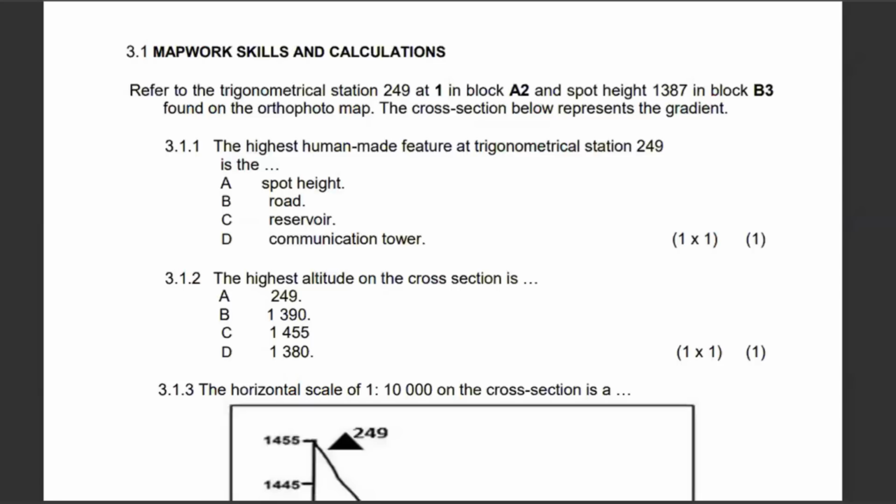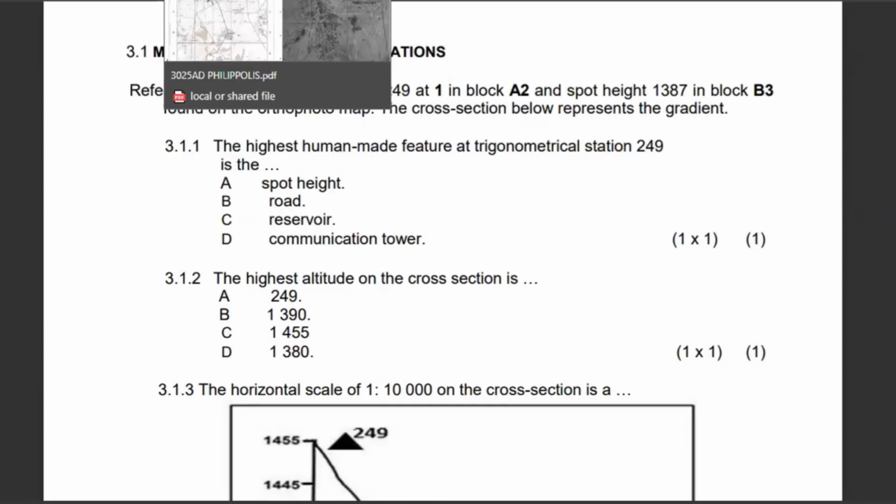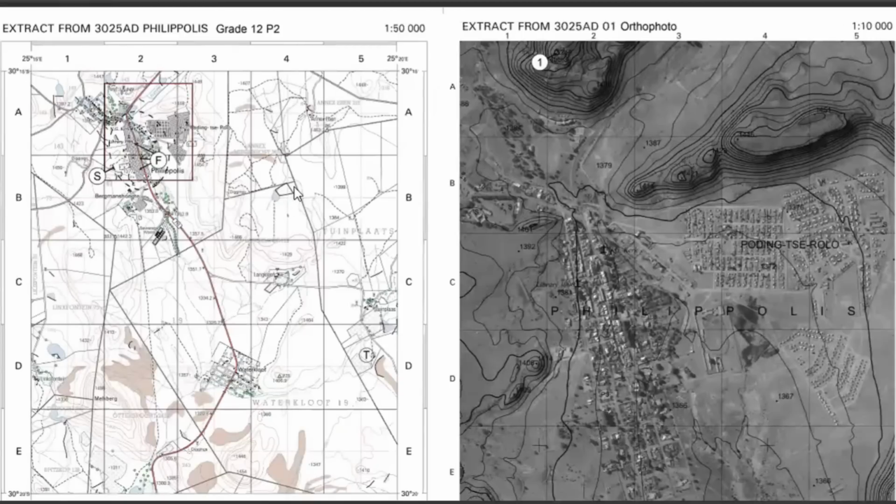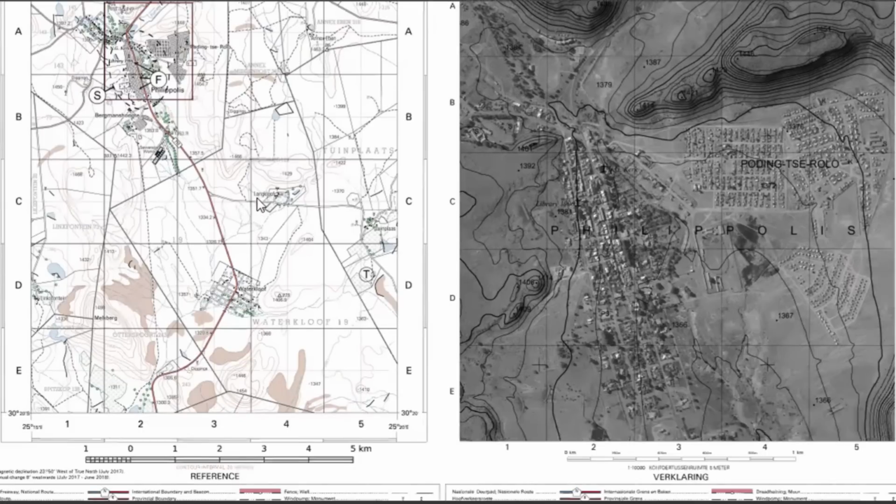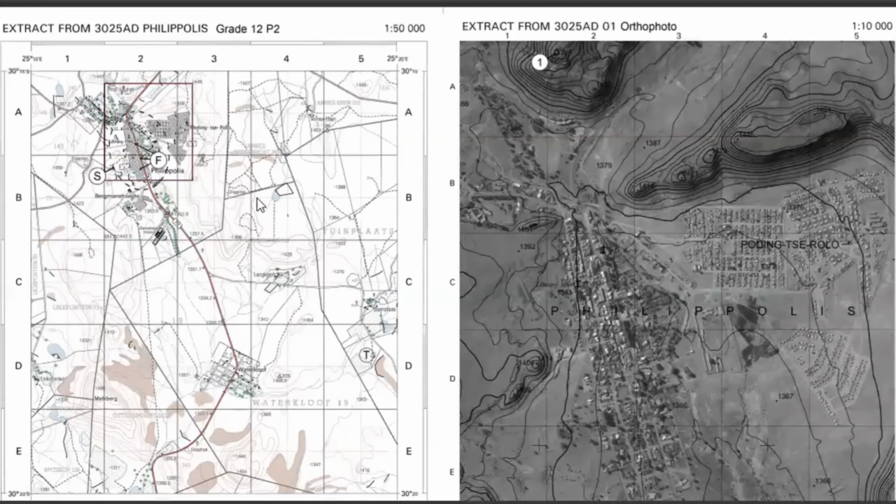Right, our map is not very visible, but we'll just be trying to guide you on how best you can be answering those typical map questions. For the reason being that the map has been reduced, and also the map is slightly faint. We cannot effectively pick up on some of the things being asked for that matter.